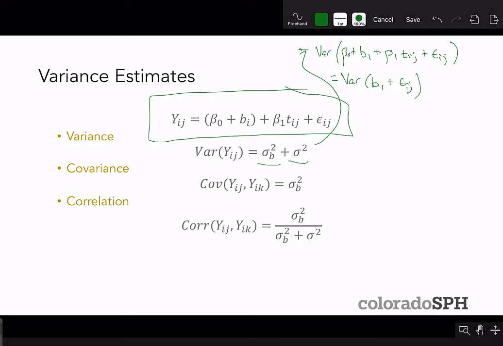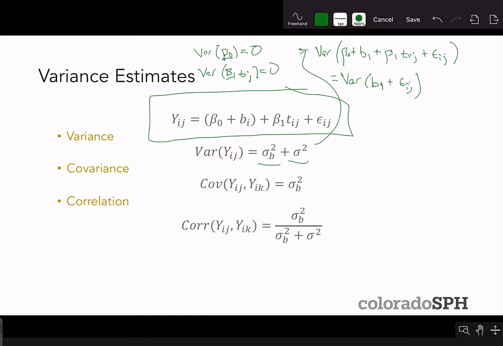The reason that the fixed terms drop out is because the variance of beta 0 is equal to 0, and the variance of beta 1 Tij is equal to 0. That's just an assumption that's coming from the fact that we're treating these betas as fixed. For effects that are fixed, you don't have variance. Okay, so that gives us the variance of bi plus epsilon ij.